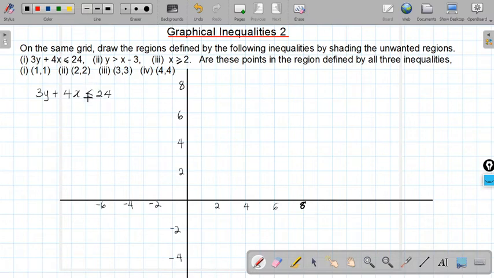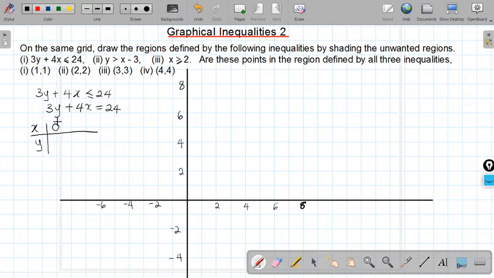So this less than or equal to, I will change it to an equality sign. We have 3y plus 4x is equal to 24. Making a table so that I can draw it on a graph, here is x, here is y.